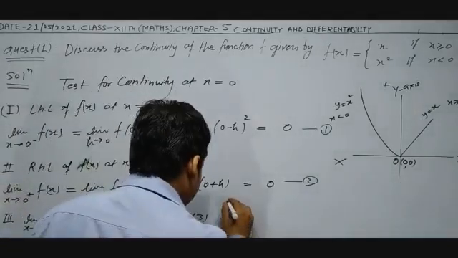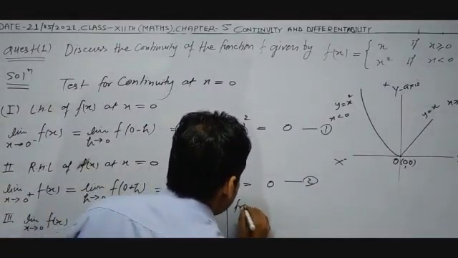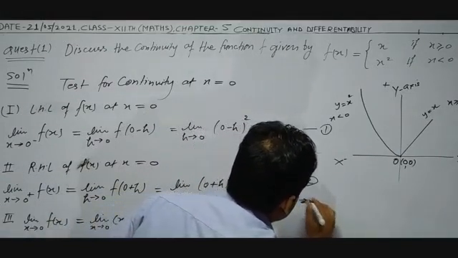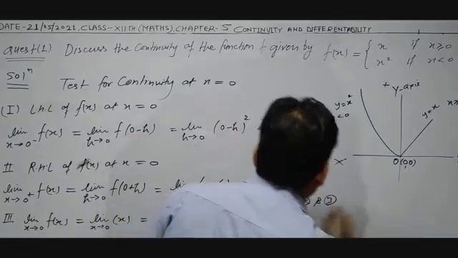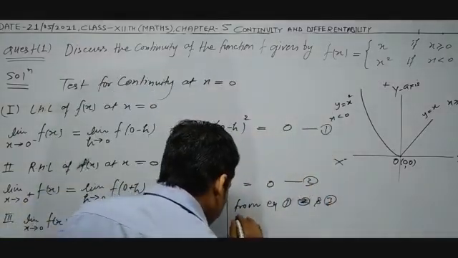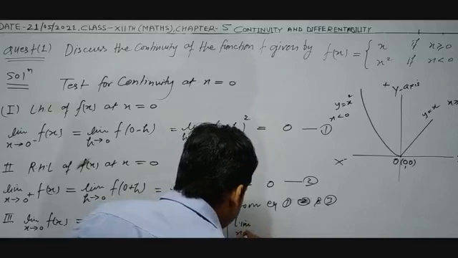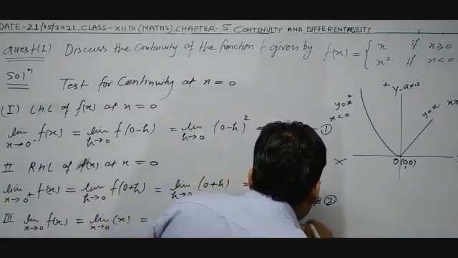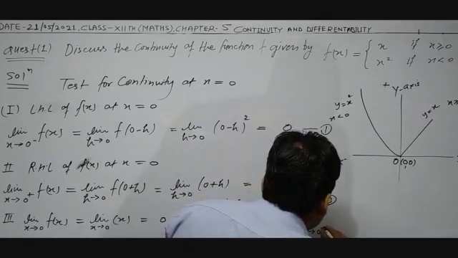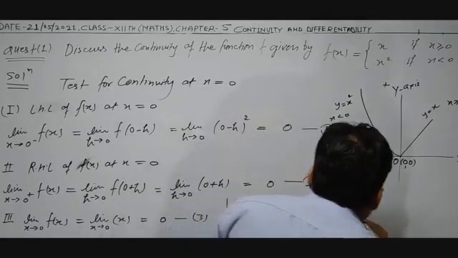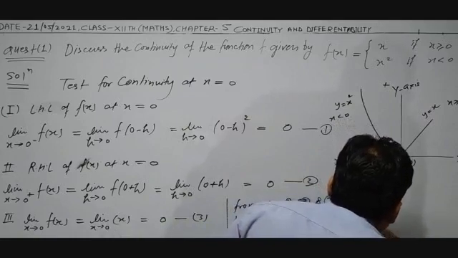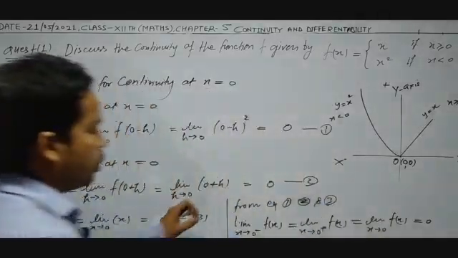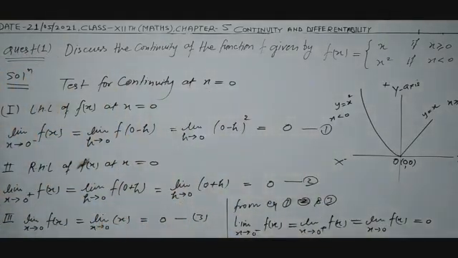From equations 1, 2 and 3, limit x tends to 0 minus f(x) = limit x tends to 0 plus f(x) = limit x tends to 0 f(x) = 0. So the function is continuous at x = 0.